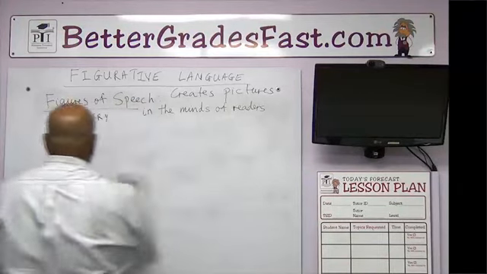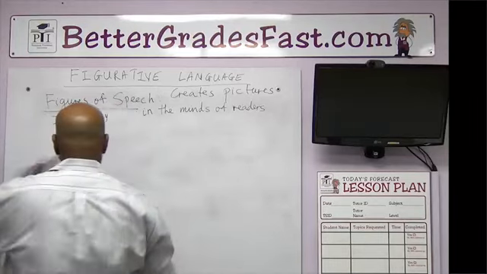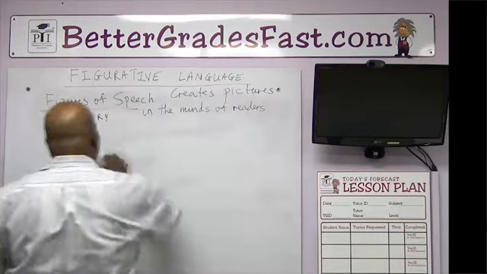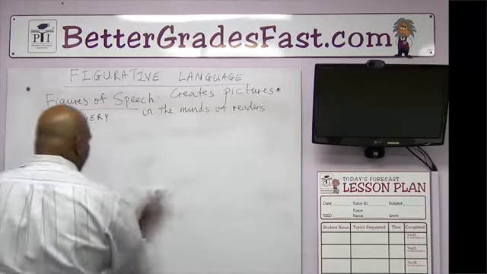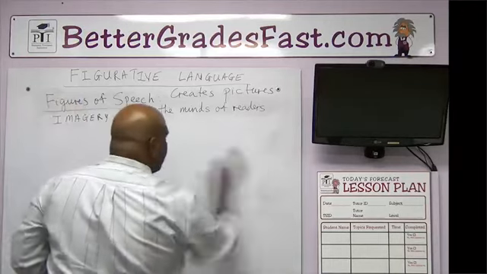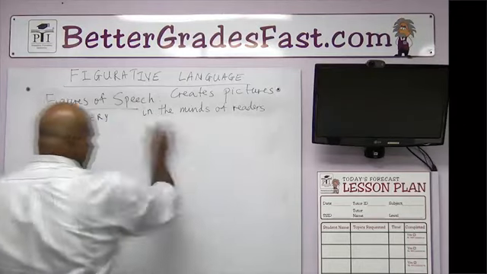So, in terms of sound, let me make sure the board is clean for you. In terms of sound, there are three that you may have heard about: alliteration, assonance, and onomatopoeia.